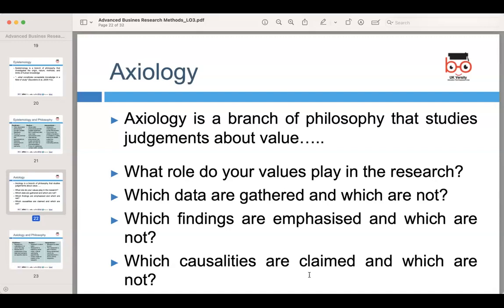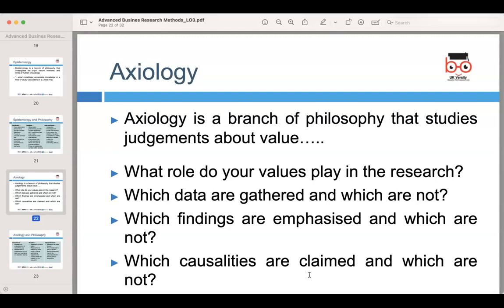when we talk about axiology, it touches upon the causalities that are claimed and those that are not. Researchers aim to identify causal relationships, which means establishing cause and effect connections between variables.